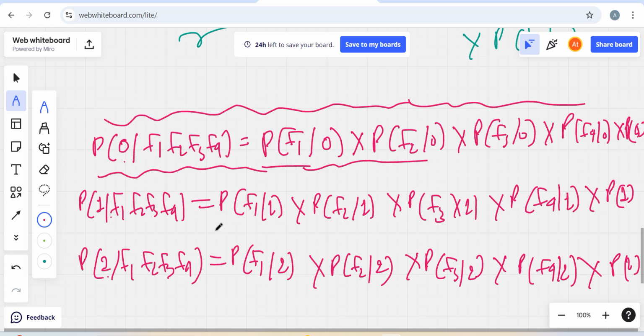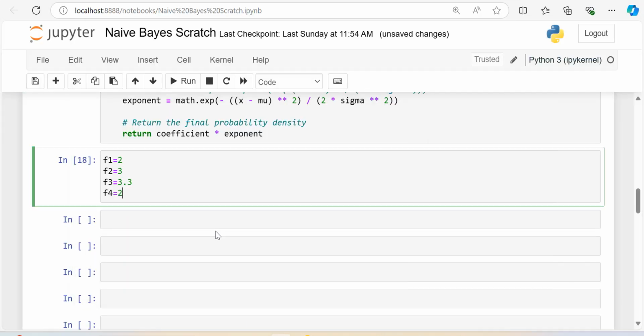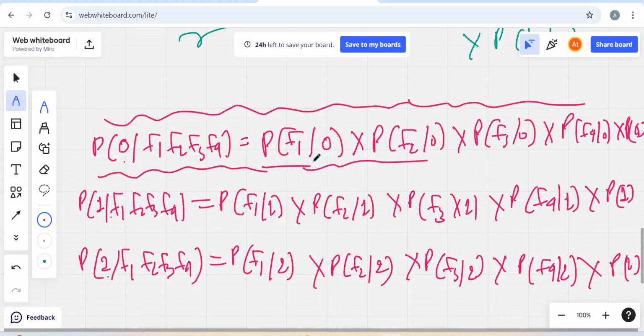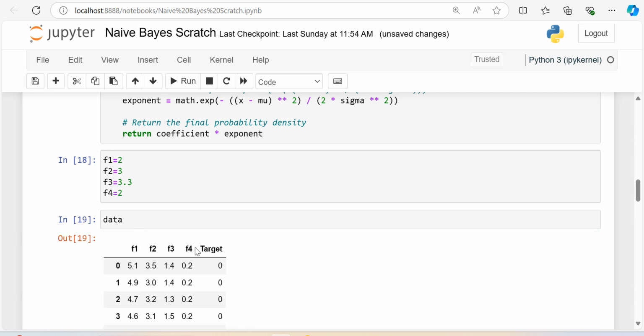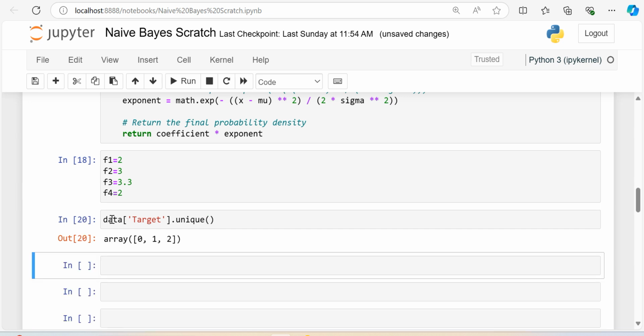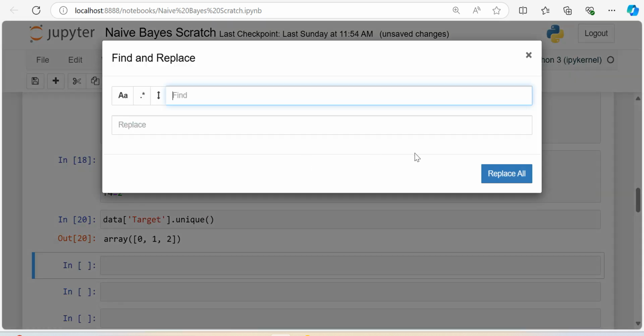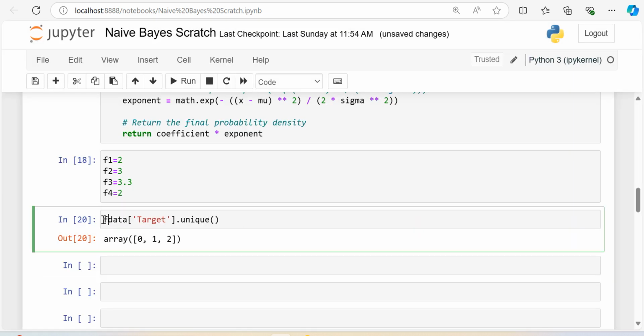So how can we write the probability? That is very simple. We can do this in an easy way. Let's calculate for class 0 first. Here we have data. I'm writing a loop for the targets, so I'm writing for target in this.